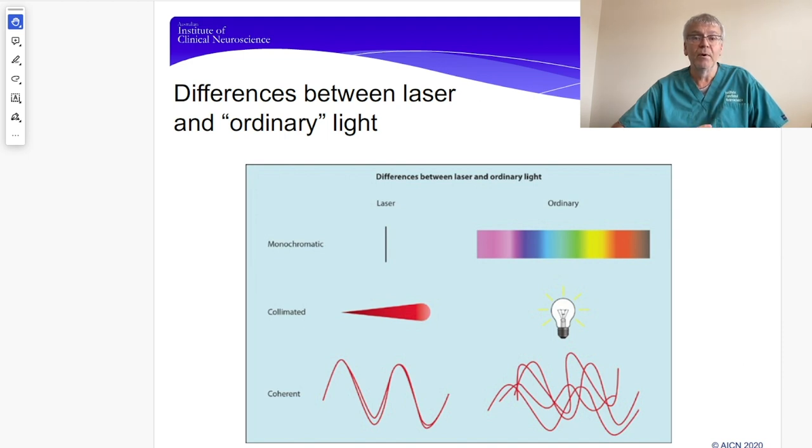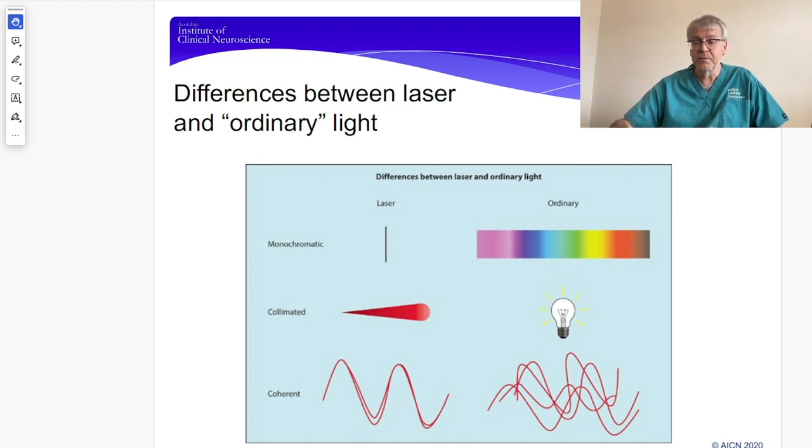And ordinary light is a number of different wavelengths, which gives us the rainbow effect of colors, because the different wavelengths of light, including laser, will have different colors associated with them. Now, it's also collimated, so it's a narrow beam, whereas normal light radiates in all directions.